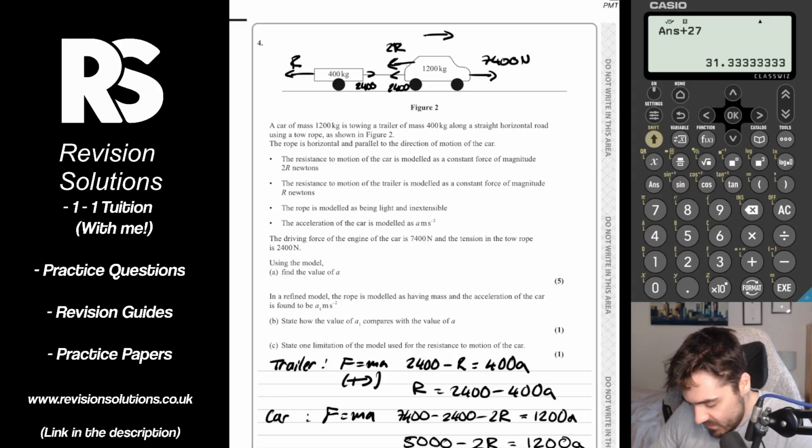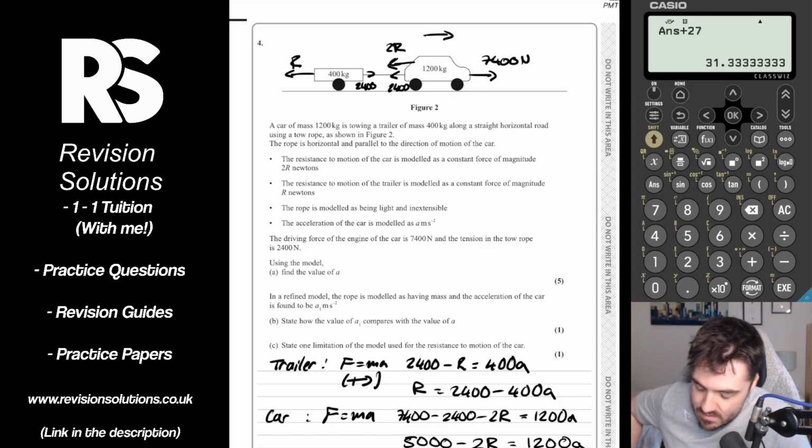Okay, then it says, in a refined model, the rope is modeled as having mass, and the acceleration of the car is found to be a1. Show how the value of a1 compares with the value of a. Well, we need to think about how it's going to change our calculation.